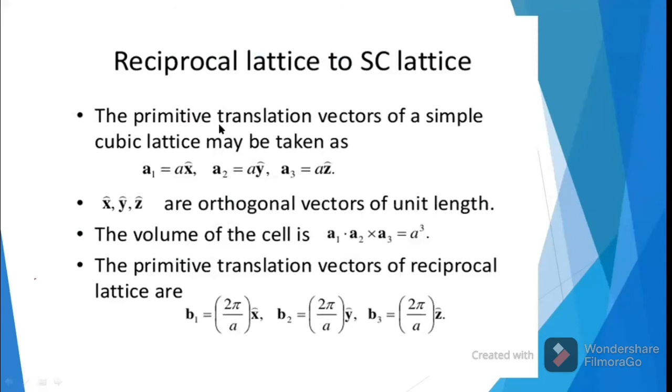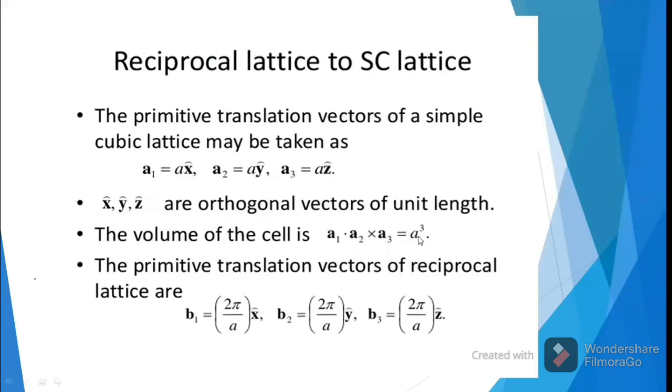The primitive translation vectors of the simple cubic lattice may be taken as A1 equal to aX, A2 equal to aY, A3 equal to aZ. So these will be a, b, c. X, Y, Z are the orthogonal vectors of unit length, and the volume of the cell is A1 multiplied by A2 multiplied by A3.